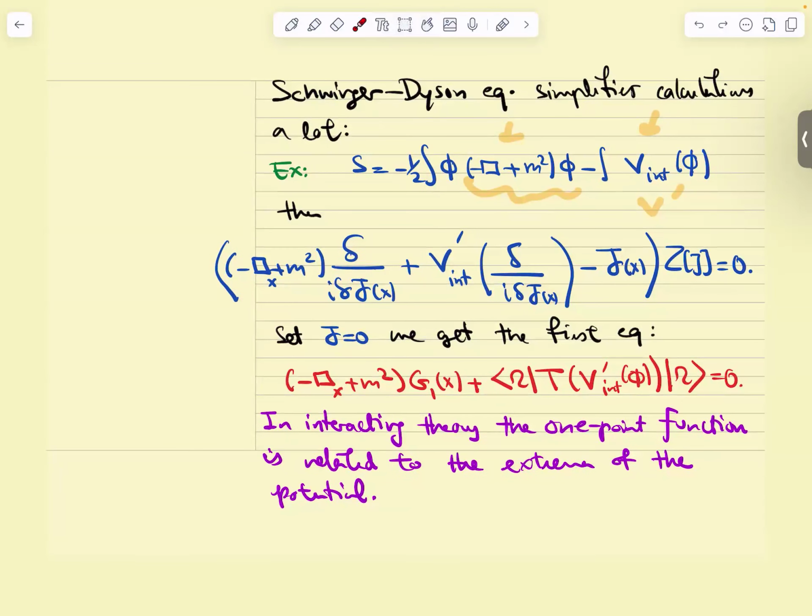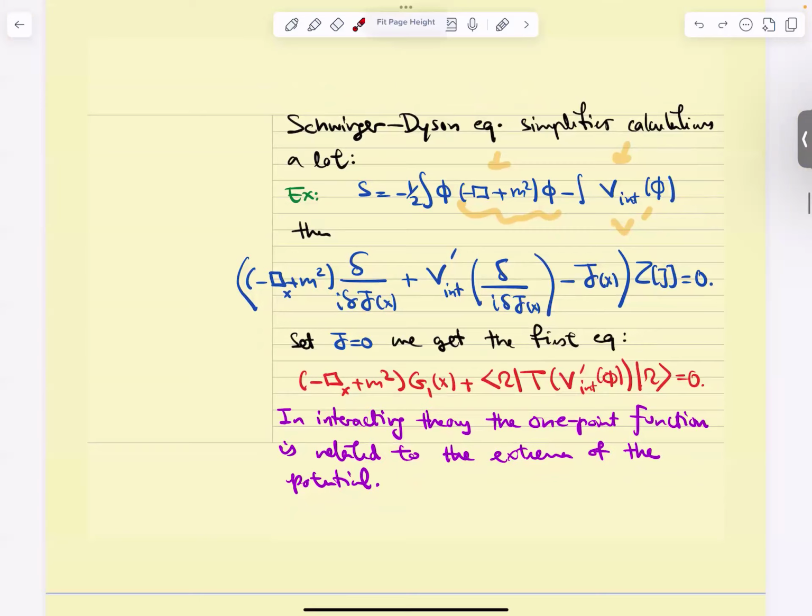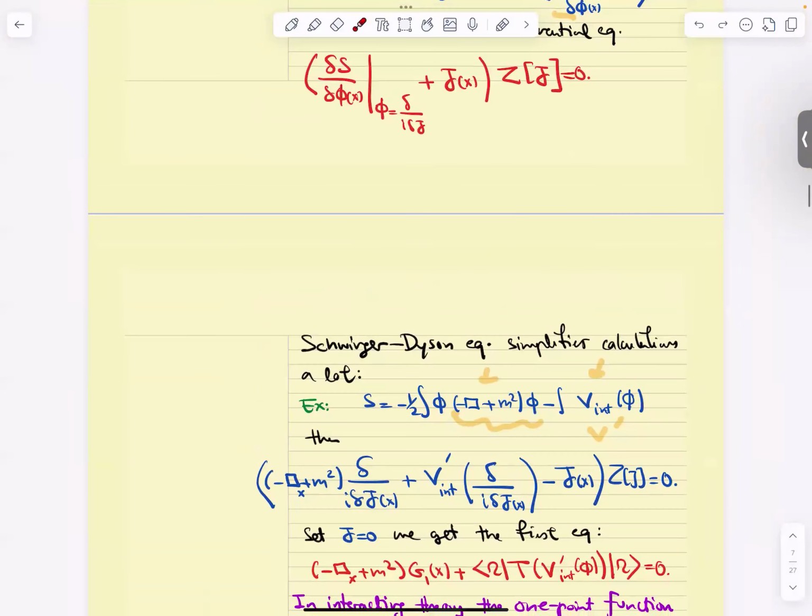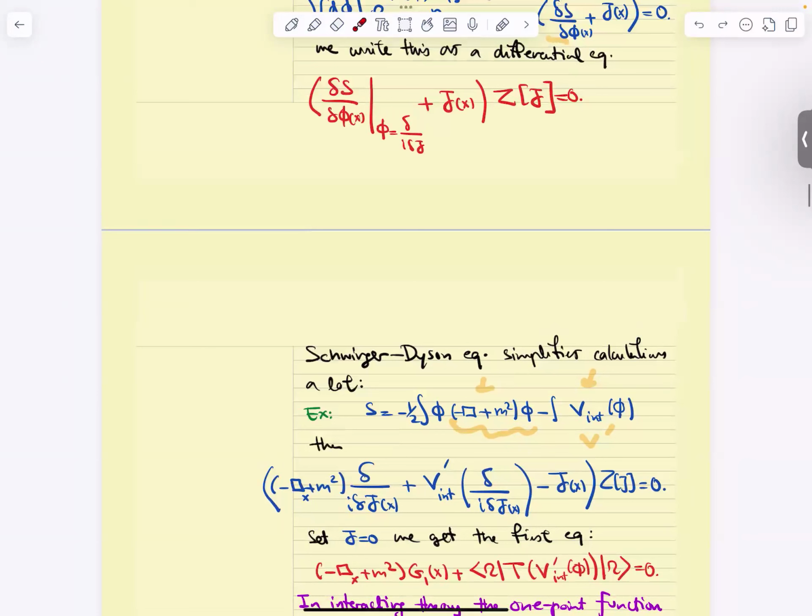All right. So here's the action, and we're going to do Schrödinger-Dyson. Del S del phi will give me this. And then at the end I have to set phi as del del J. This is the very first term. Then the first term applied to the interaction will give you del V del phi.